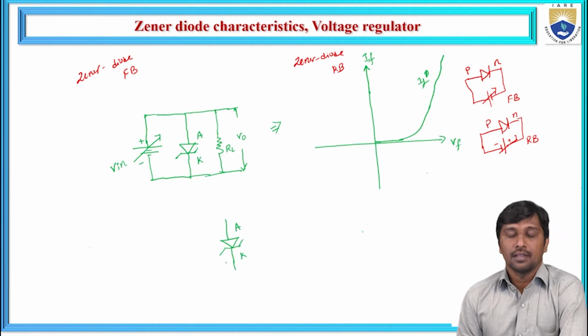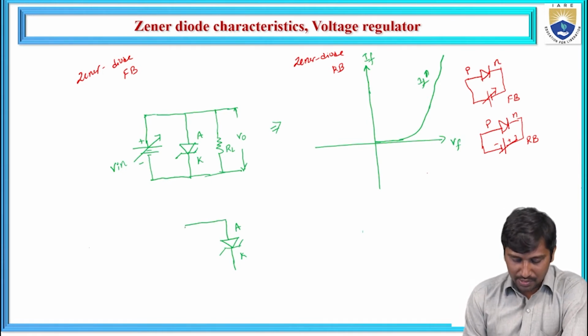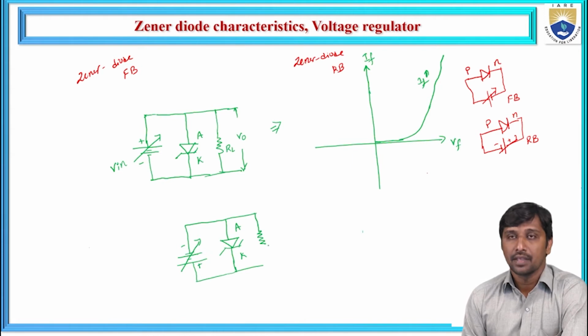Then I'm going to make the Zener diode reverse biased, meaning the anode is connected to the negative pole of the battery with respect to the cathode. So the positive pole of the battery is connected to the cathode terminal. Then we are going to measure the output voltage, the Zener voltage, across the load resistance under this biasing condition.